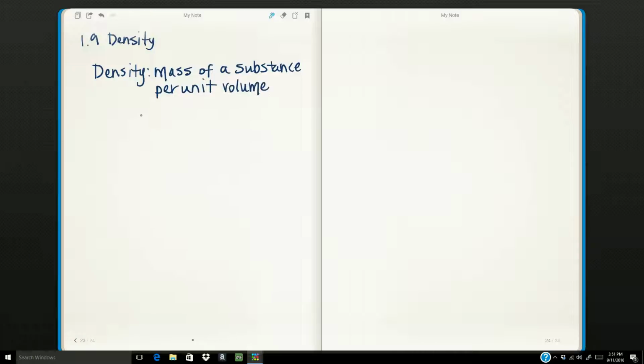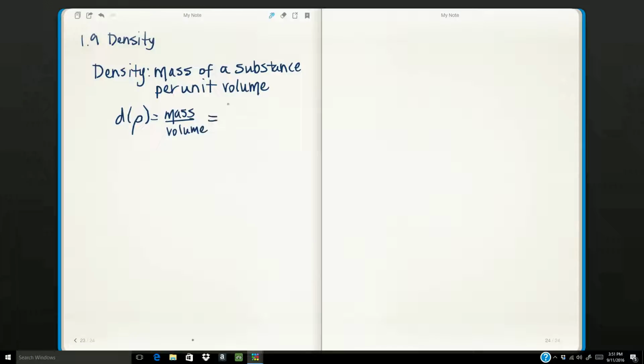Okay, so you guys, now that you've done the lab, you'll definitely recognize this. So density can sometimes be abbreviated with the Greek letter rho. It kind of looks like a squiggly P, equals mass over volume.